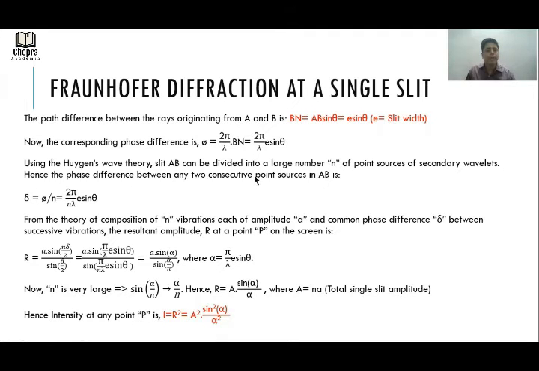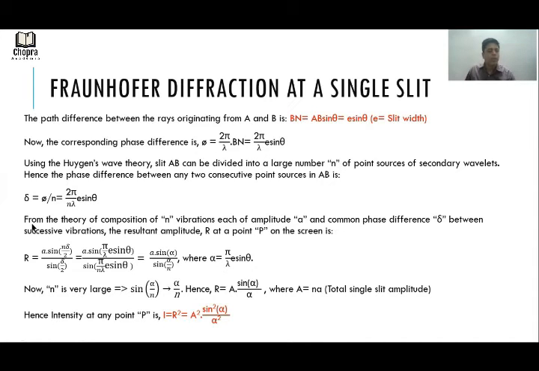Hence, the phase difference between any two consecutive point sources in AB is delta, equal to phi by n, where phi is the phase difference corresponding to the slit width e. So delta is equal to 2 pi e sine theta by n lambda. I have just divided phi by n.